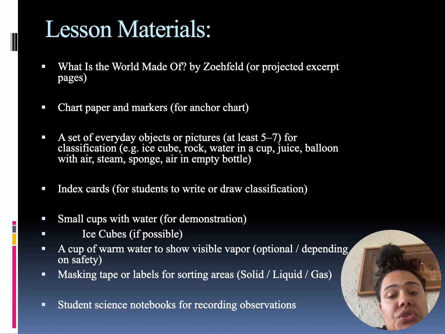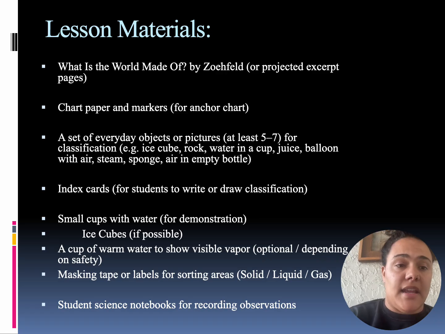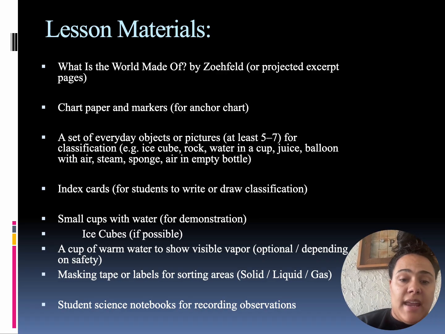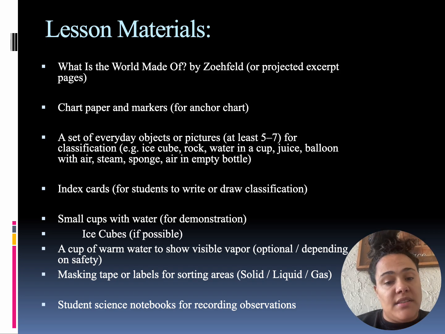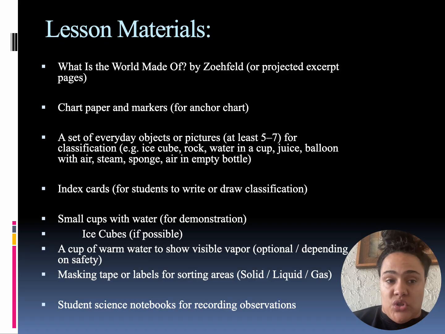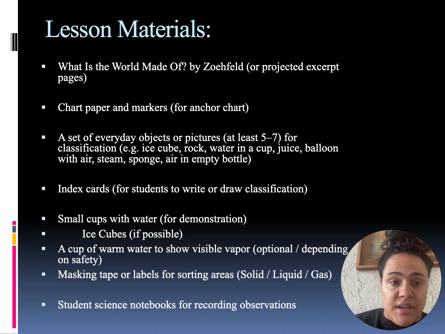Okay, friends, during our activity and lesson, remember how we read What is the World Made of by Zoe Feld? In the book we discussed what the world is made of. During our lesson, I'll be giving you some chart paper, and you'll be using markers to record during our activity.